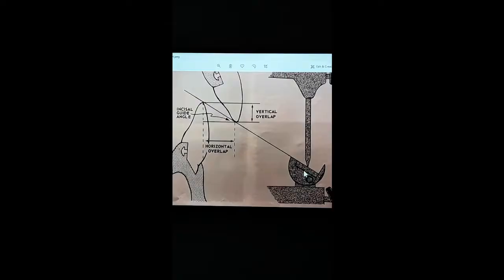This will be demonstrated while we are setting the teeth, and this is an important factor in achieving a balanced occlusion.